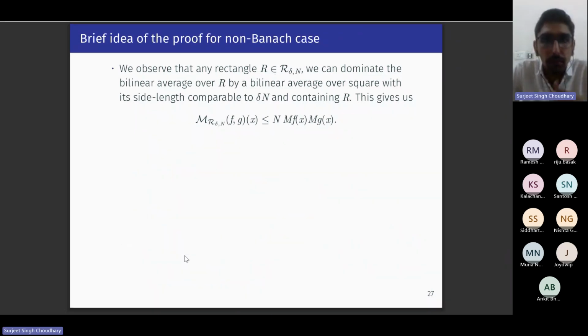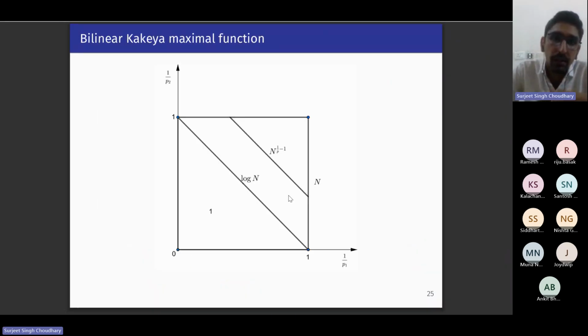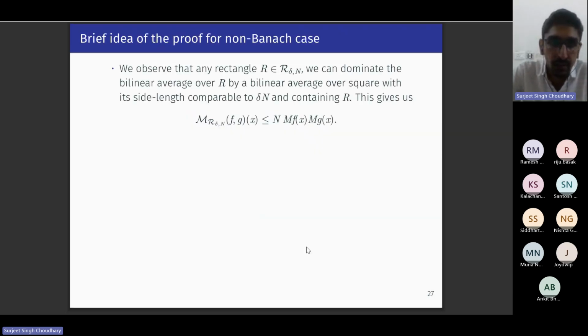So this will prove the boundedness in the non-Banach range, basically above this triangle. And also this same estimate interpolated with the endpoint (0, 0) will give us constant dependence inside this triangle, other than the boundary of the triangle, where p is equal to 1.